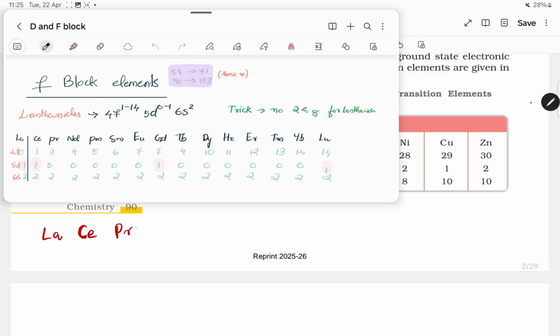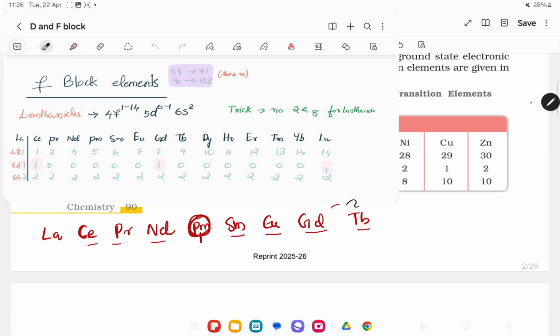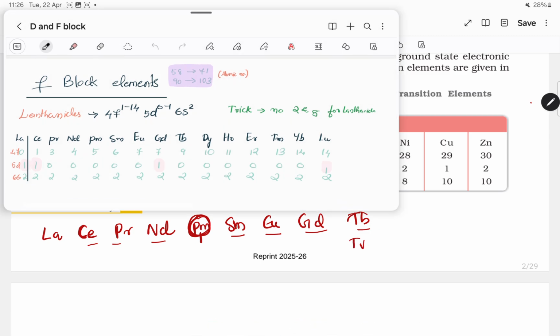Ce, Pr, Nd, Pm, Sm, Eu, Gd, Tb. For Pm there is no mnemonic, but since we know the mnemonics, later it will come to your mind. Okay, Ce, Pr, Nd, Pm, Sm, Eu, Gd, Tb.